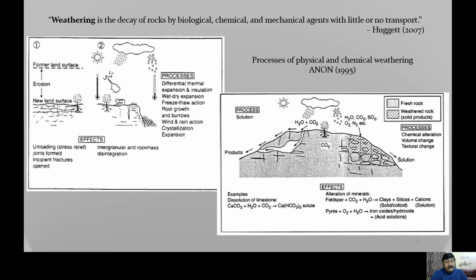Now, when there is physical weathering, of course, new surfaces are created which can accelerate the chemical weathering process as well. And vice versa, if there are chemical processes because of which minerals are altered, it can also induce some of the physical weathering processes.